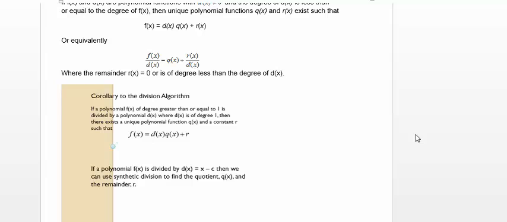So the function can be written as d of x times q of x plus r of x. The answer to the division problem is q of x plus the remainder r of x divided by d of x.